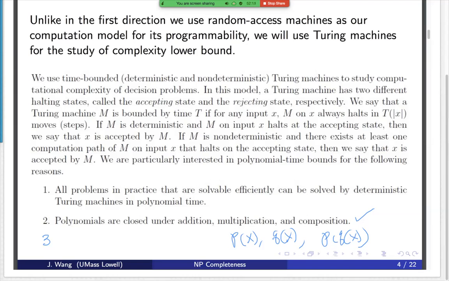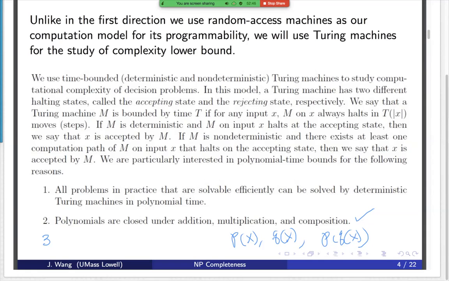In other words, if you have a problem that's solvable with a different computation model in t time, then you can convert that algorithm to a Turing machine on a single tape in p of t time, where p is a polynomial. That means the computation powers are equivalent between different devices within polynomials.